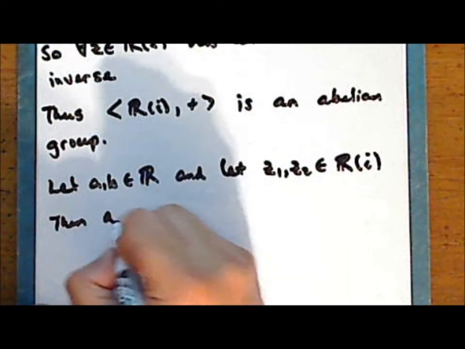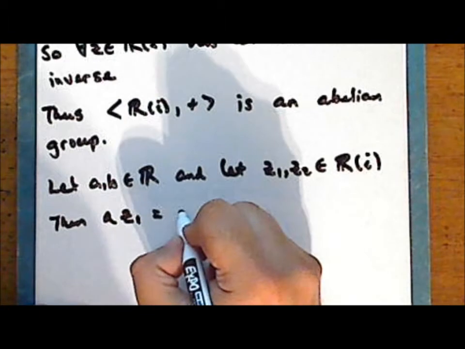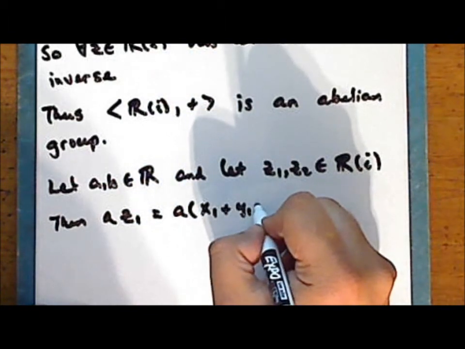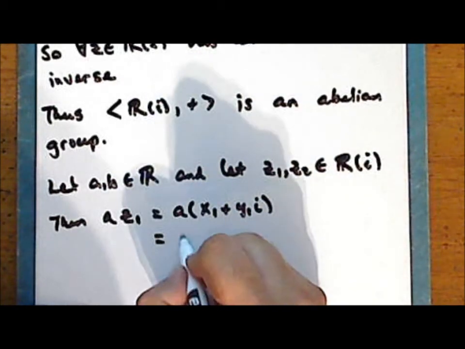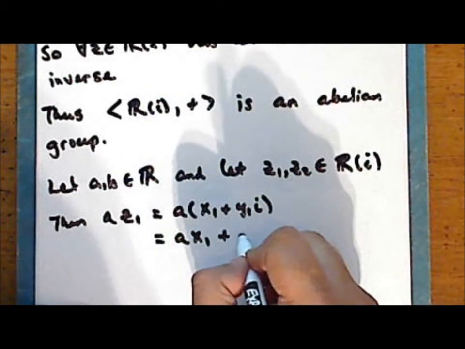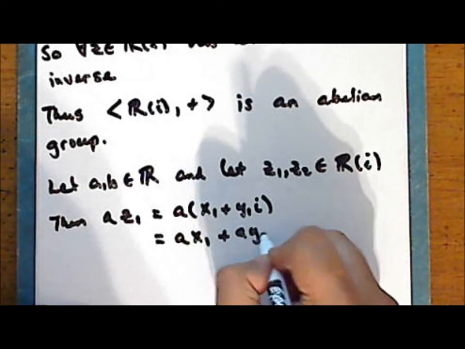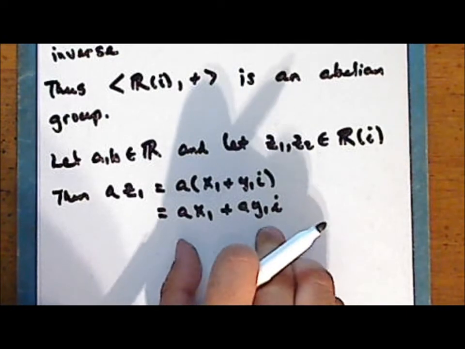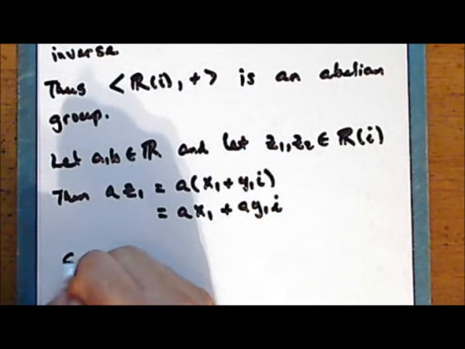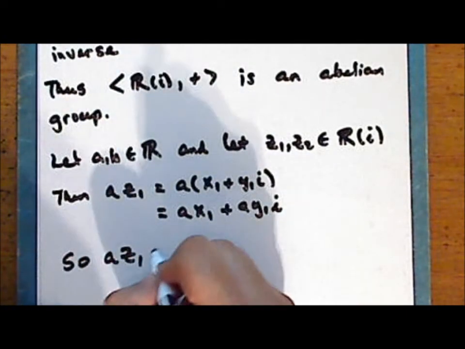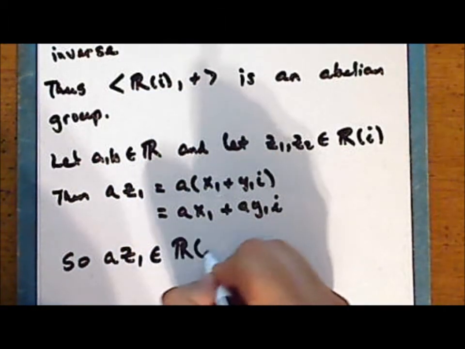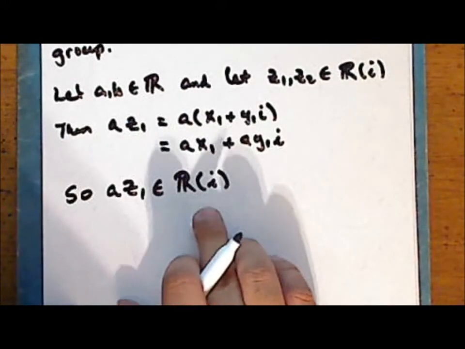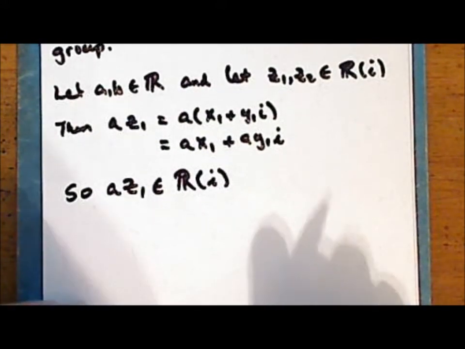Then A times z sub 1 is A times x sub 1 plus y sub 1 times I, which is A times x sub 1 plus A times y sub 1 times I. This is a number of the proper form, and so A times z sub 1 is in this set of vectors.